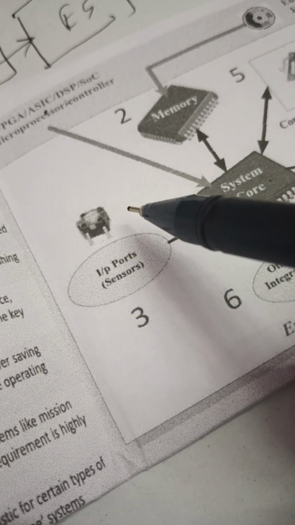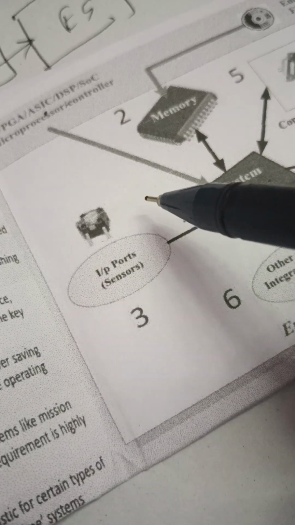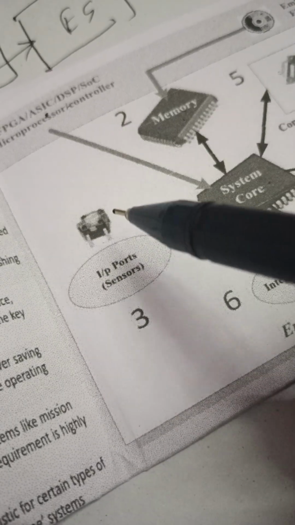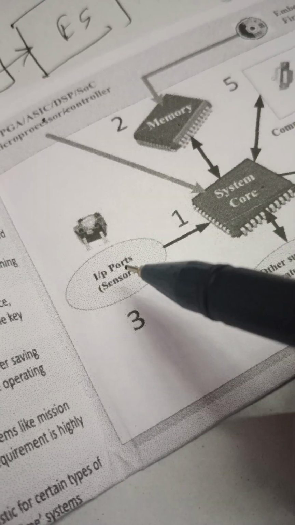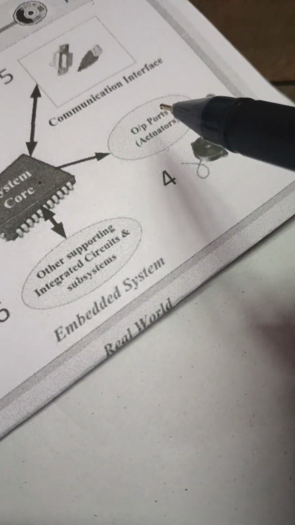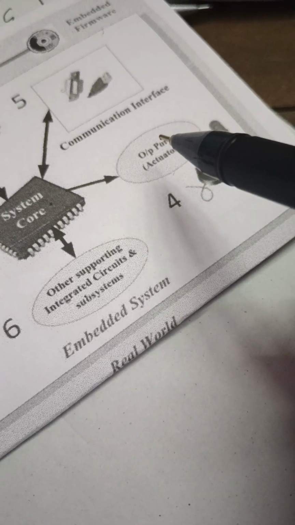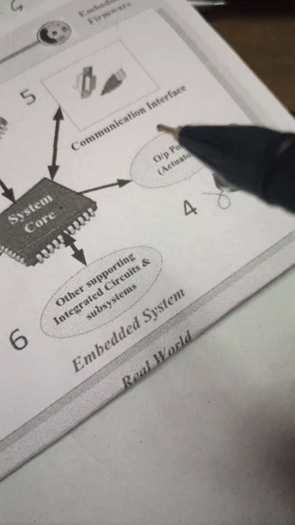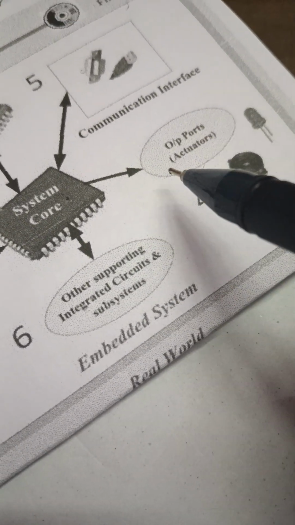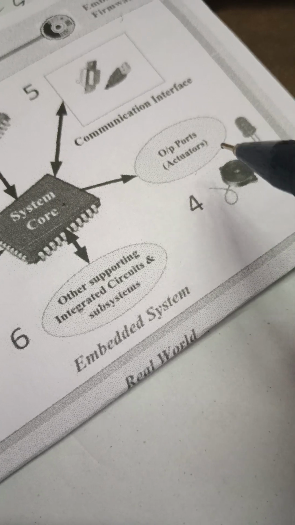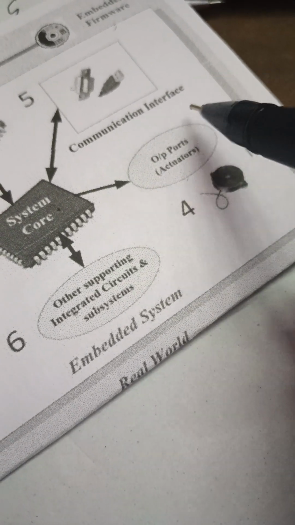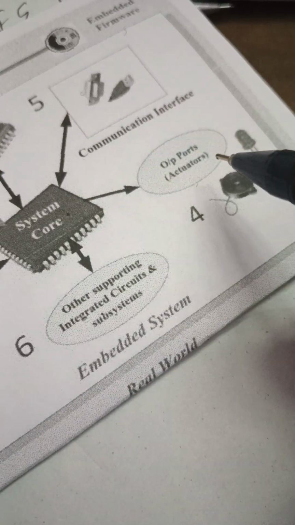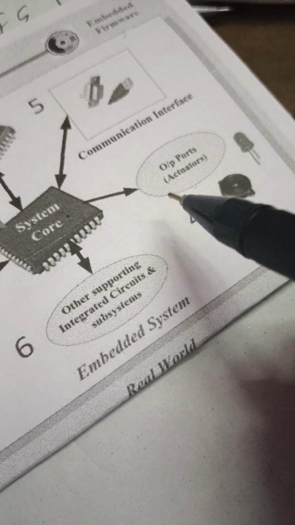It can be a keyboard, it can be a mouse. These are all input devices. There are many, but these are some examples of input devices. And we have output ports which are connected to the output devices. These devices are also known as actuators. Examples include buzzers, LEDs, printers, monitors, etc. These are output actuators.